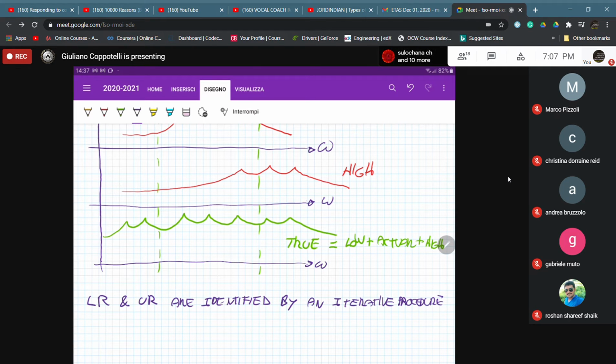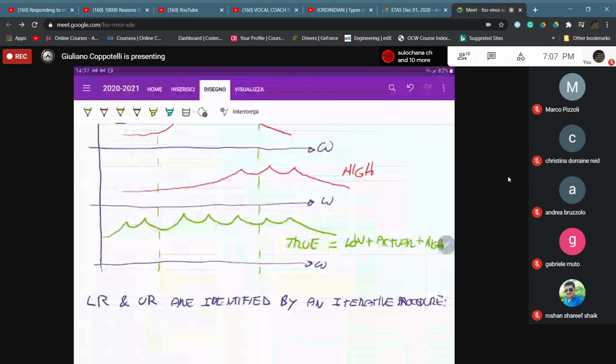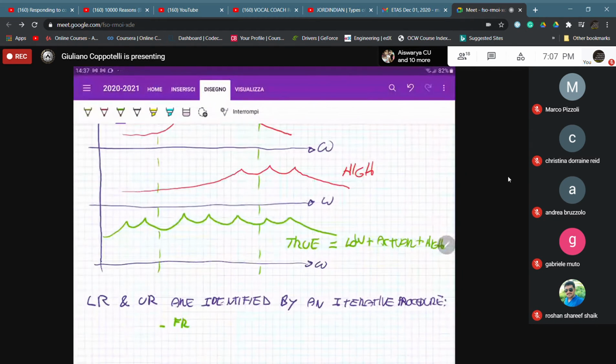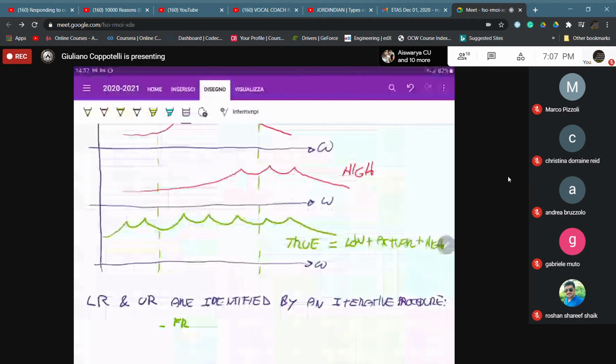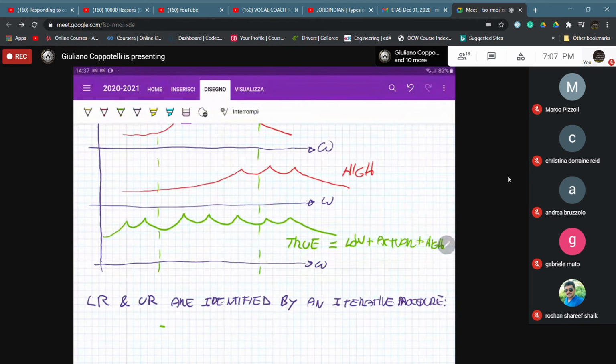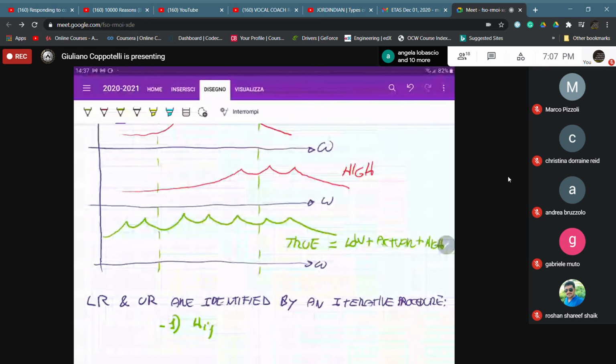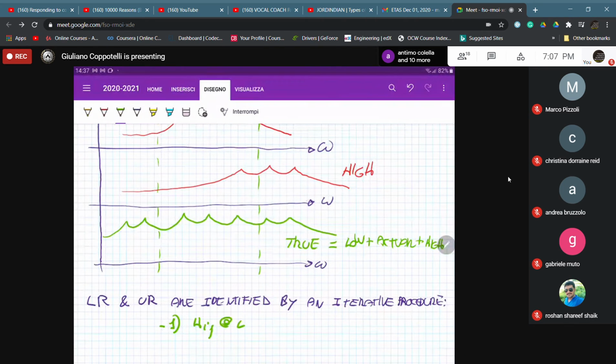Okay, and this iterative procedure is, first, you evaluate your Hij at lower frequencies to find the lower residual terms.